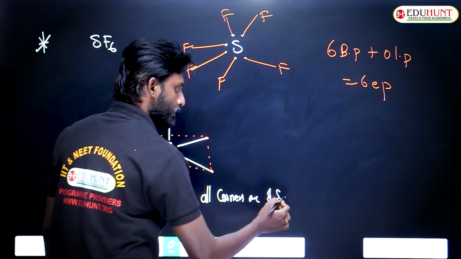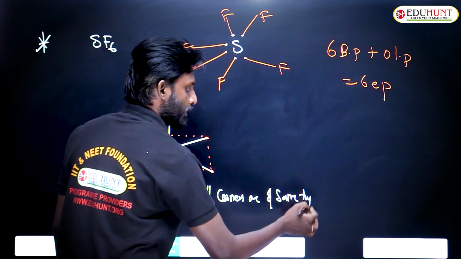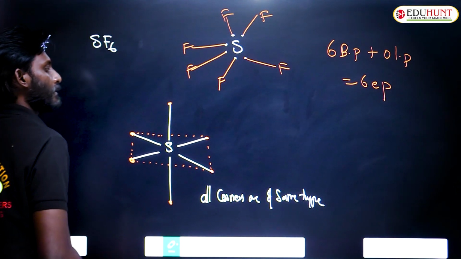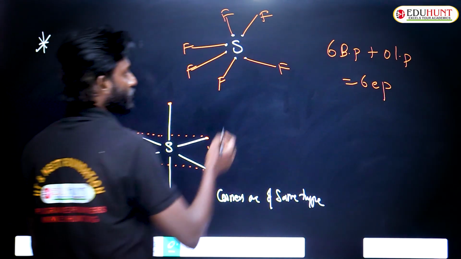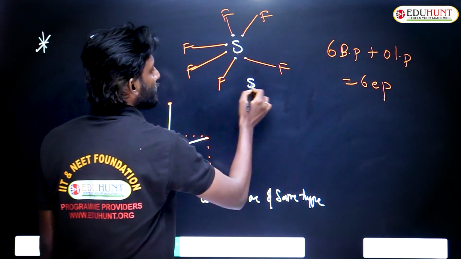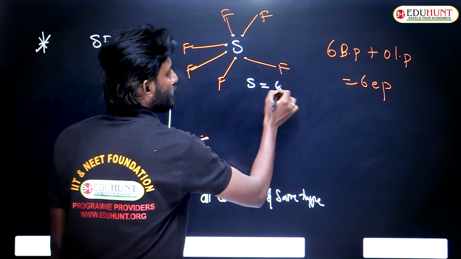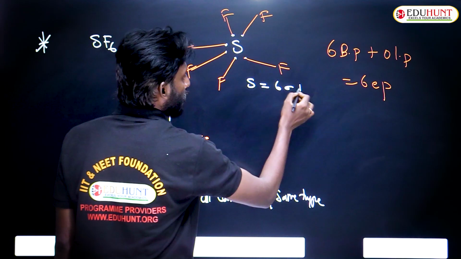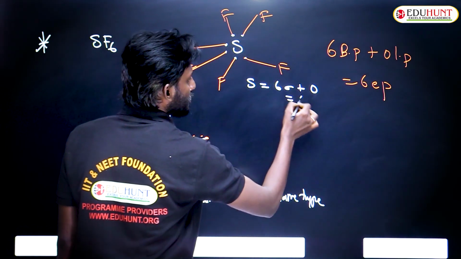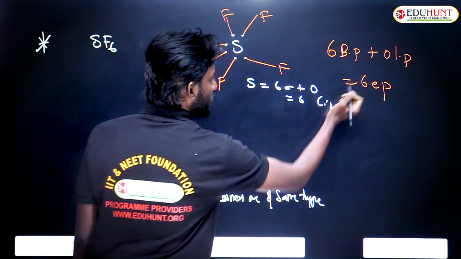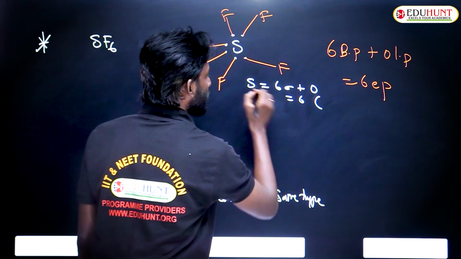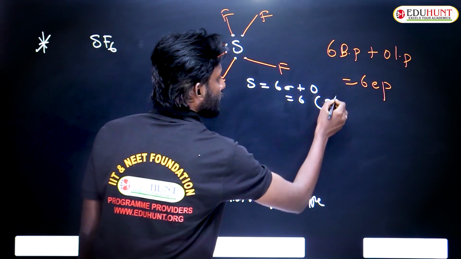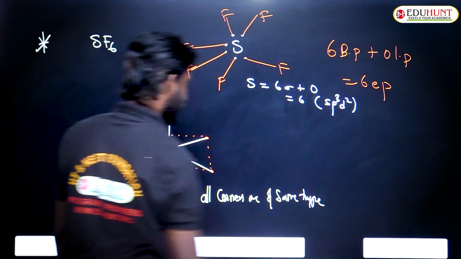I hope you can determine the hybridization also. The steric number is going to be 6 sigma bonds plus 0 lone pairs, which is 6. When the steric number is 6, sp3d2 is the hybridization.